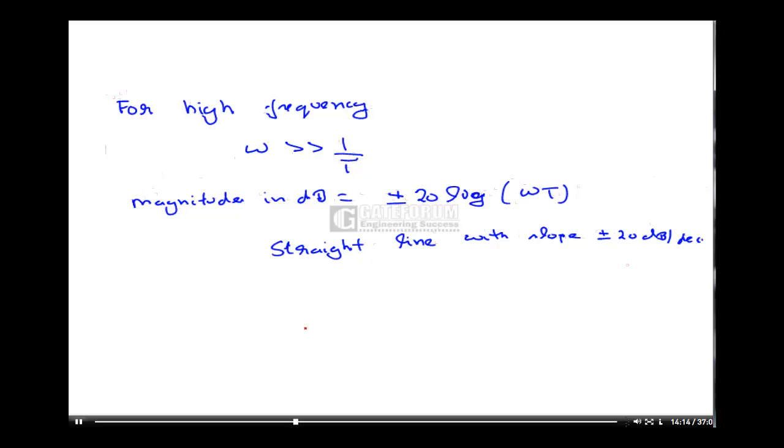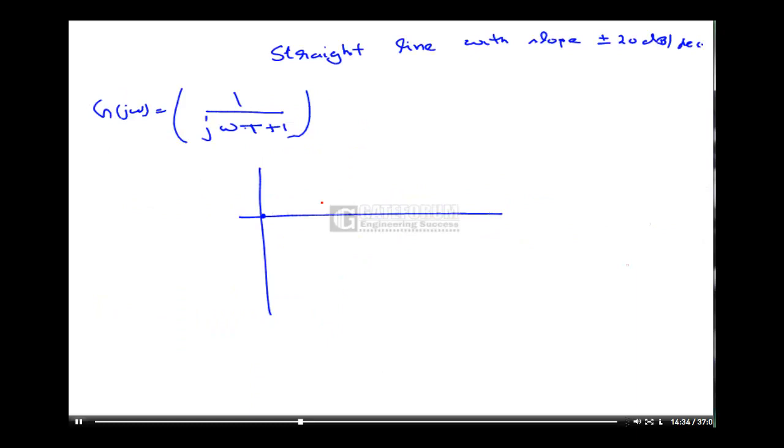Okay, now initially if I plot 1 by j omega t plus 1, I want to plot this, then in this case the Bode plot will be something like this. This is my 1 by t point. From here to here this is 0 dB. At this point it will start decreasing at a rate of minus 20 dB per decade.